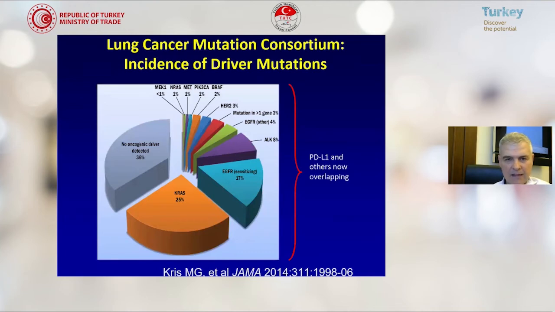For example, in lung cancer, there are many different types of mutations, like KRAS, EGFR, and many rare mutations. But these are very good mutations for patients. They can be targeted very easily with smart drugs, and we can have a very good outcome.